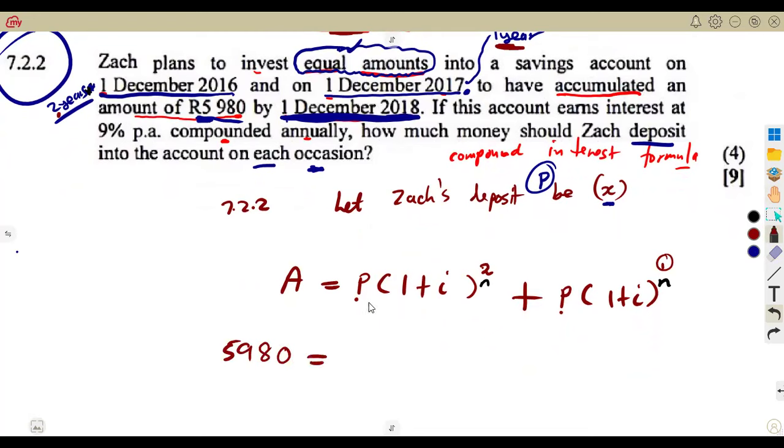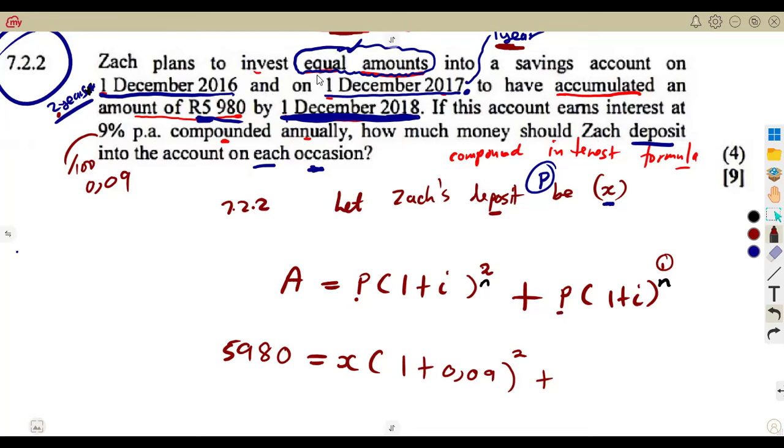5,980 rand is equal to P. Let the principal, the deposit, the money invested be X. What he invested, let it be X, into 1 plus the interest rate as a decimal. 9% divided by 100 is 0.09. So that's 0.09 raised to the exponent of 2, plus the principal again.